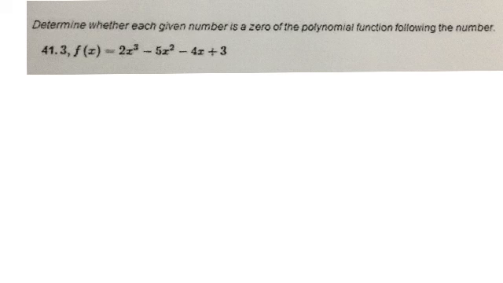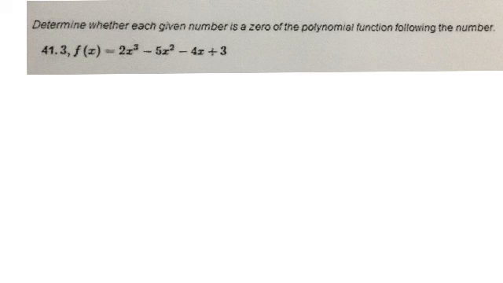So again, the x-intercept is also sometimes called a root. It's also sometimes called a 0. All those terms are used interchangeably. So here we want to know, is the given number a 0? Is it an x-intercept? Well, again, what happens at x-intercepts? We know the function evaluates to be 0. The y value would have to give us 0.